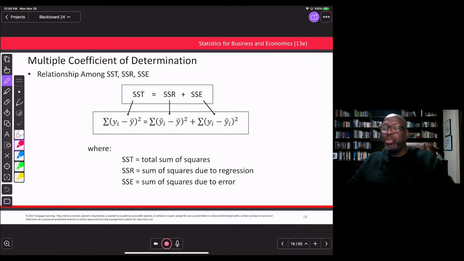In addition to getting the information on the coefficients and the test of significance, we could also do an analysis of variance as well. So we get an F table, and in that table we will have the total sum of squares, the sum of squares due to regression, and then the sum of squares due to the error term.